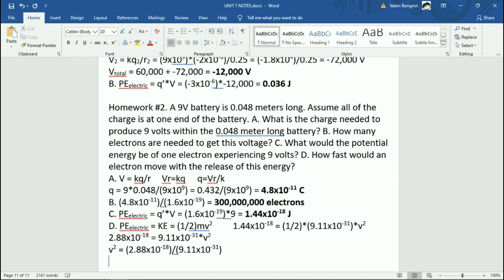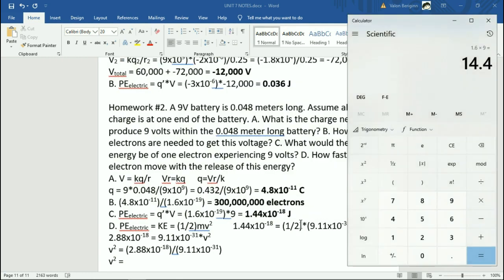And that is a number. Oh boy, okay. 2.88 times 10 to negative 18 divided by 9.11 and then divided by 10 to the negative 31.